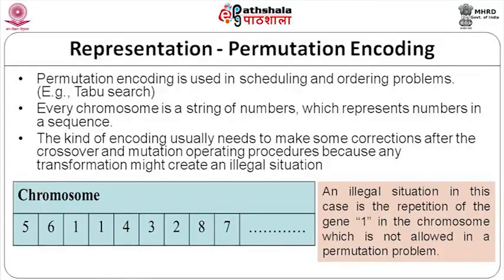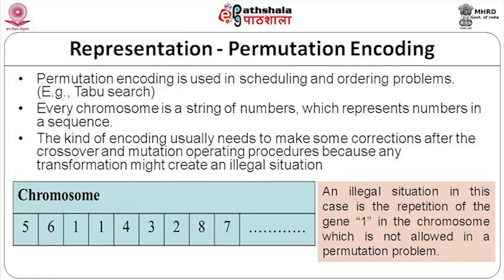Then another type of encoding is permutation encoding. Permutation encoding is used in scheduling and ordering problems like taboo search. This is an example where they use this permutation encoding. Every chromosome is a string of numbers which represents numbers in a sequence. This kind of encoding usually needs some corrections after the crossover and mutation operations are over, because any transformation can create an illegal situation.